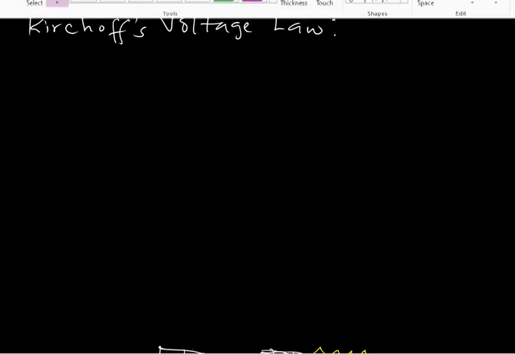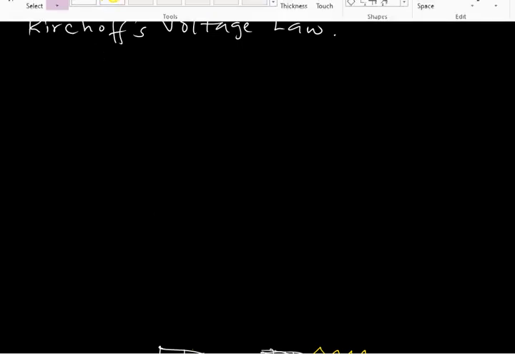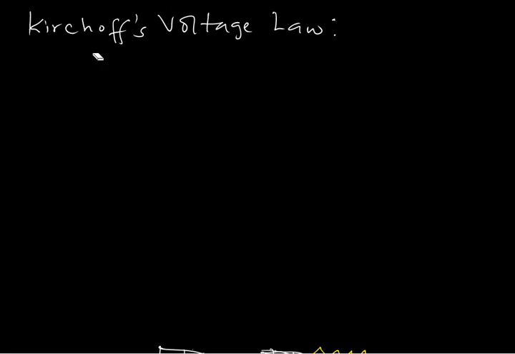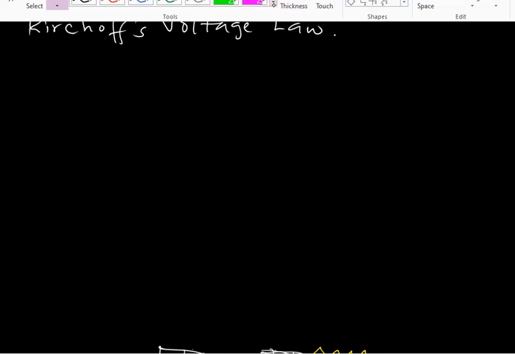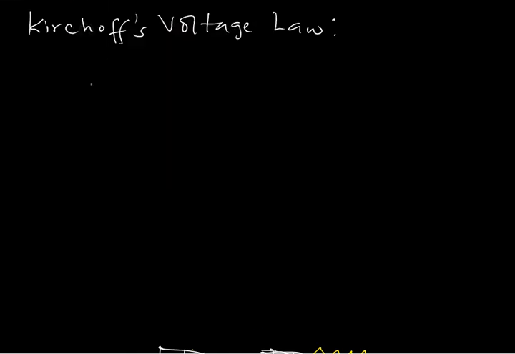So, based on Kirchhoff's voltage law, I can write an expression for it. The algebraic sum of the voltage measured around a loop is equal to zero. Already you know what a loop is.